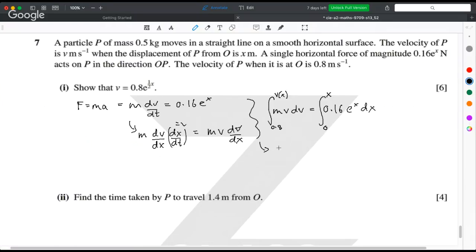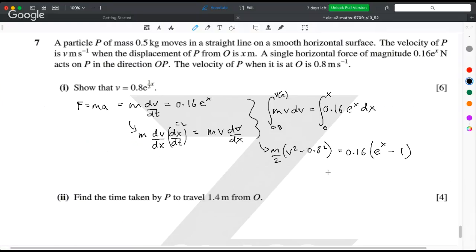So if I integrate this, I get m over 2 times (v squared minus 0.8 squared) is equal to 0.16 times (e to the x minus e to the 0, which is 1).